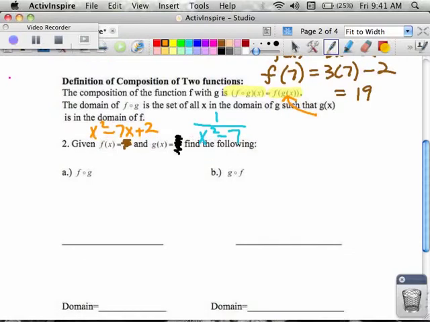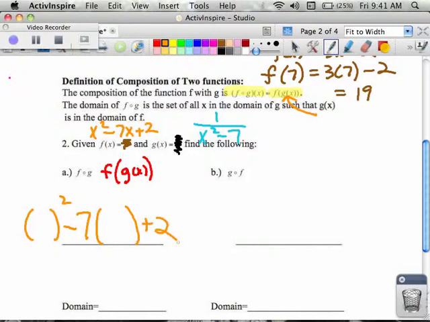Here I see f circle g. This is saying to me that I want f of g of x. Or in other words, look in the f function. The f function was something squared minus 7 times something, and then add 2.